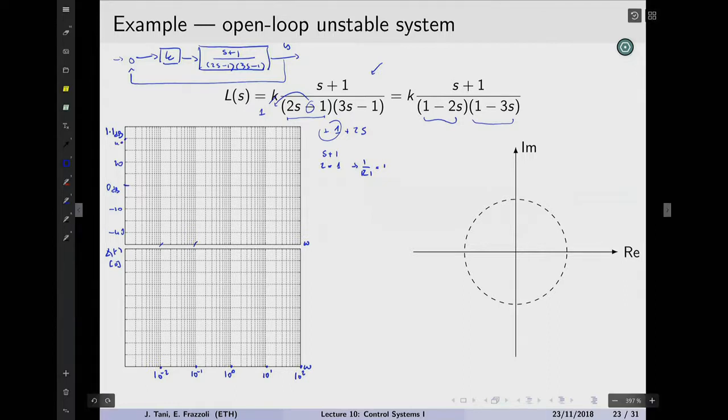So tau is equal to 1, so 1 over tau is equal to 1, which is this. So this term s plus 1 contributes with a 0 magnitude up to a decade before, and a decade above, it goes up 20 dBs per decade. It goes up with 20 dBs per decade and passing through here.